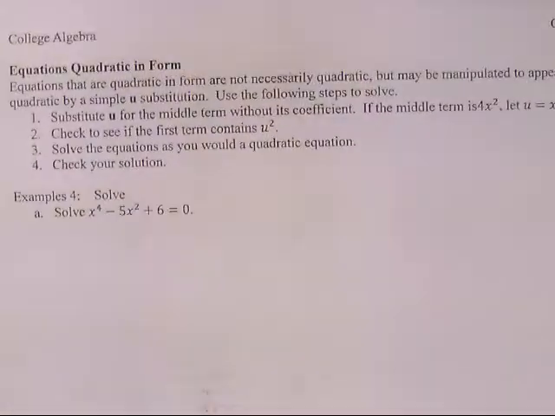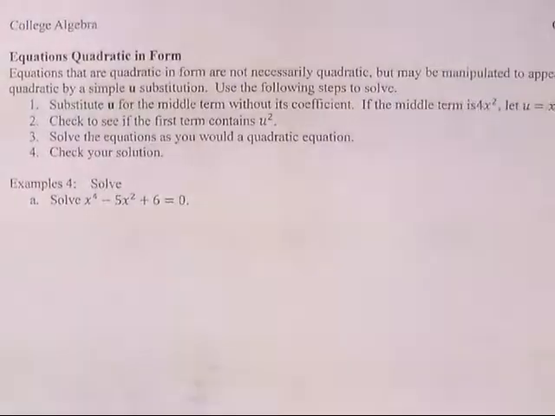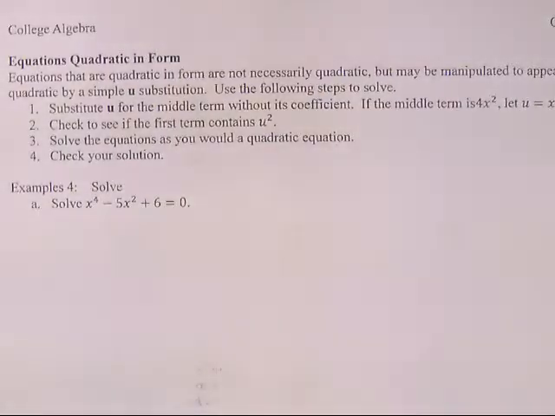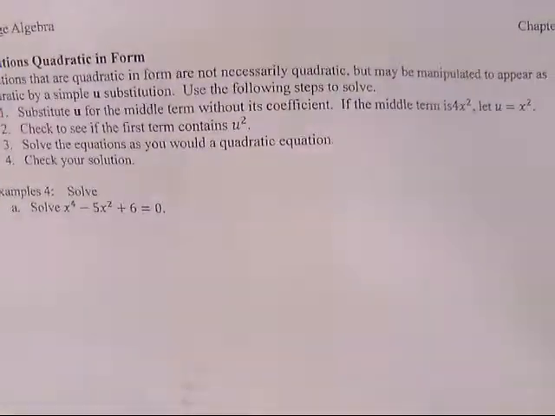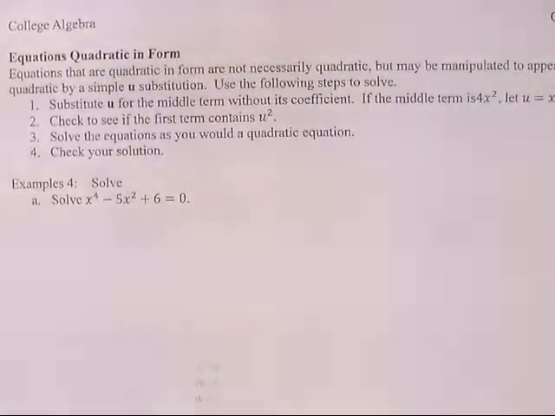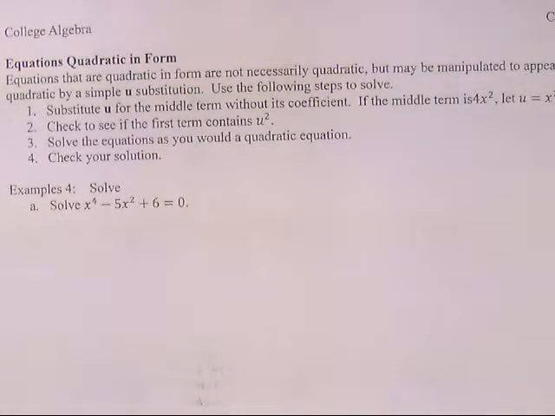Alright, we'll talk about equations that are quadratic in form. Equations that are quadratic in form are not necessarily quadratic, but may be manipulated to appear as quadratic by a simple U-substitution. And here are some steps that we can use.